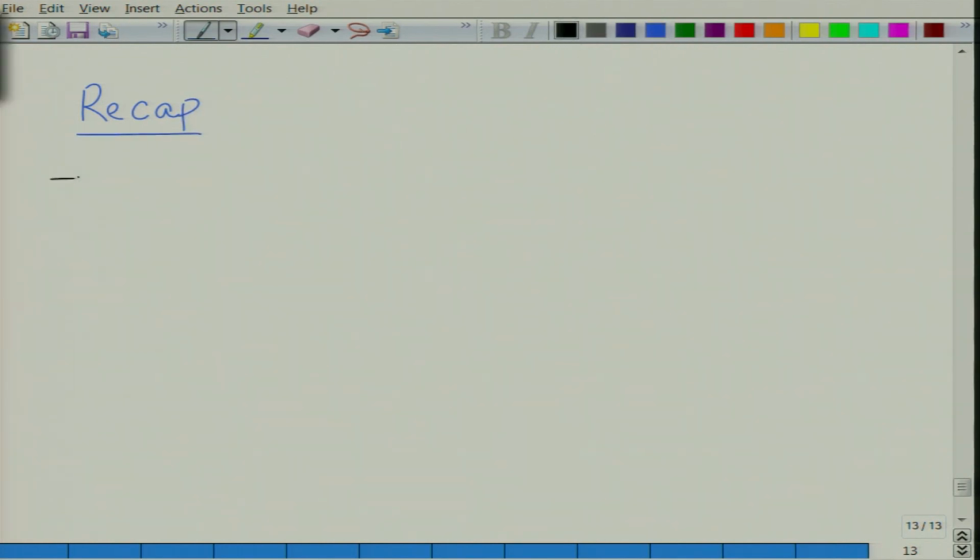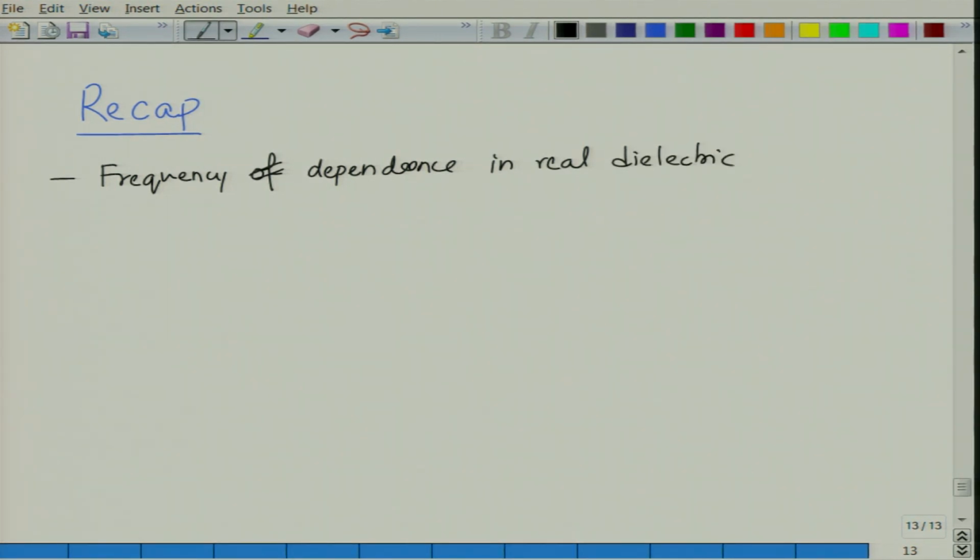So, in the previous lecture we talked about frequency dependence in real dielectrics, and there we defined dielectric properties in terms of complex behavior.